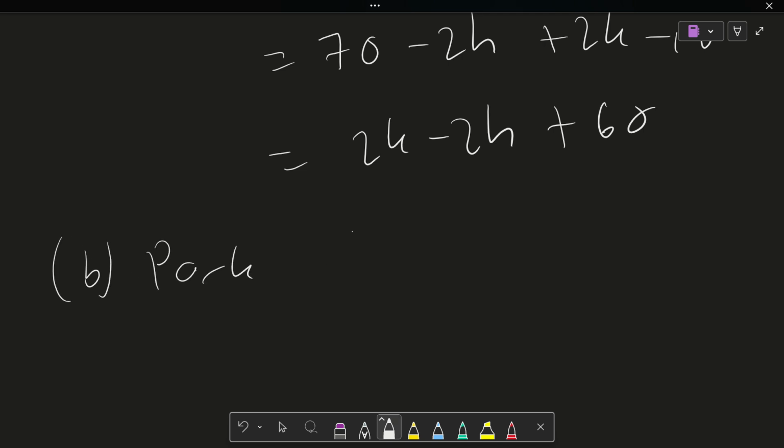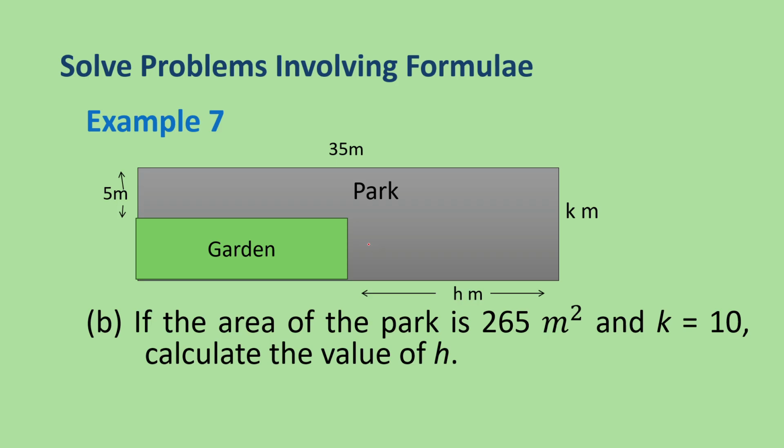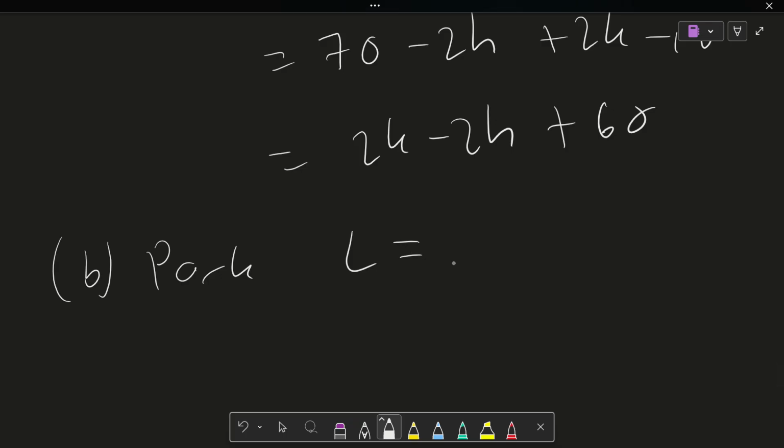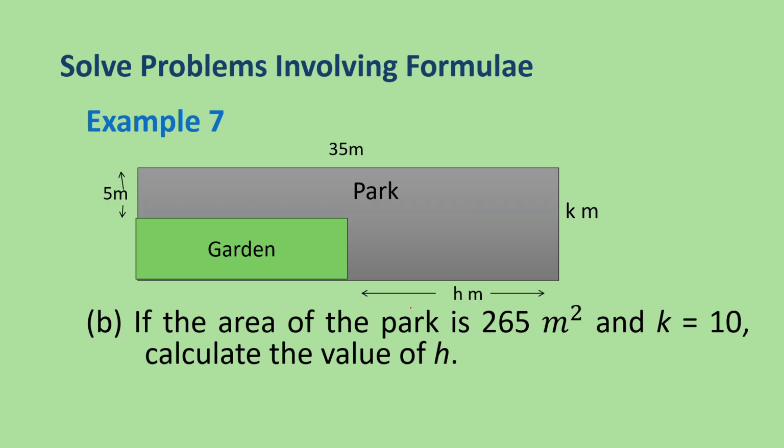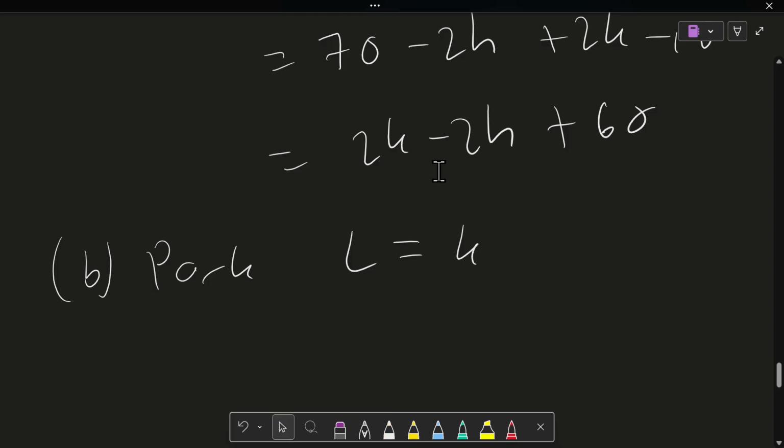So the length would be k, and the width of the park, length with the park would be park and garden. Okay, maybe this way, sorry.